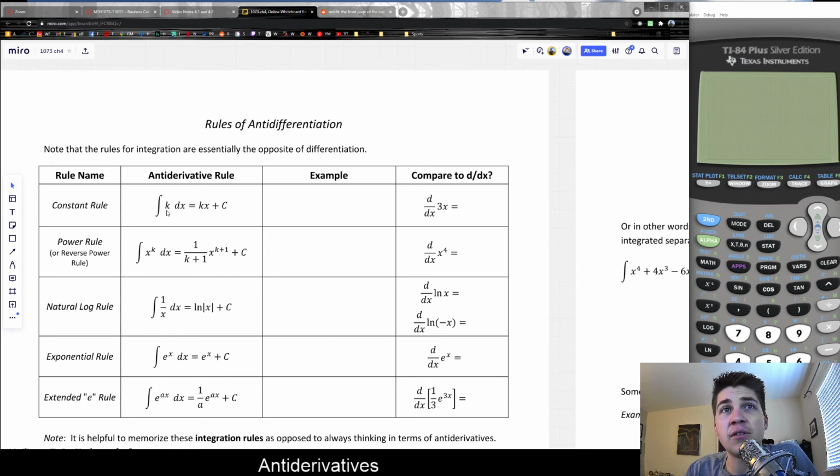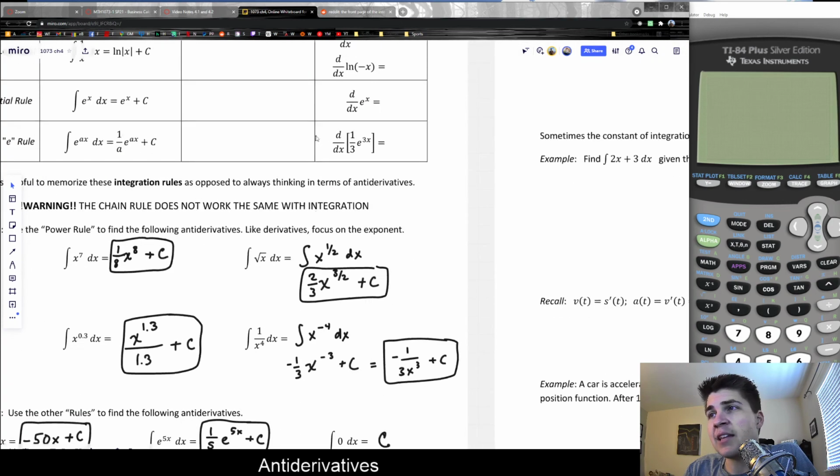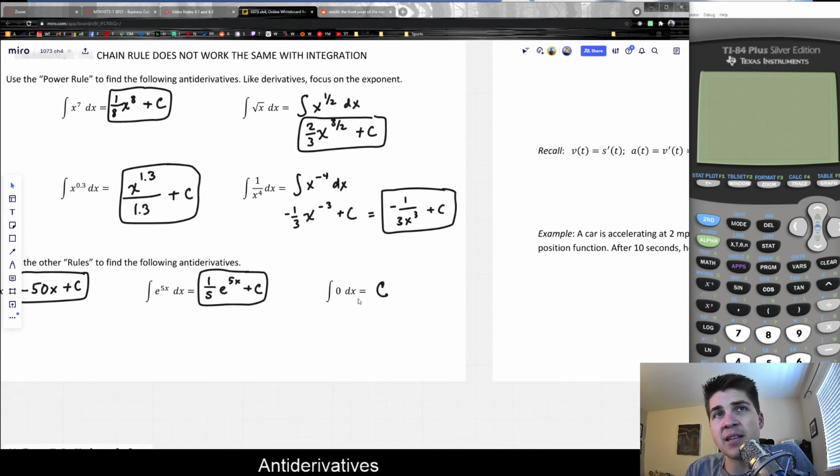The antiderivative of a constant with respect to x is equal to the constant times x plus c. So in the case of 0, we'd have 0 times x plus c. Well, of course, 0 times x is nothing. Or again, the function that has no slope is a constant function without any x. So it can't have x when it is 0. And that leaves us with just c, because the derivative of c is 0.